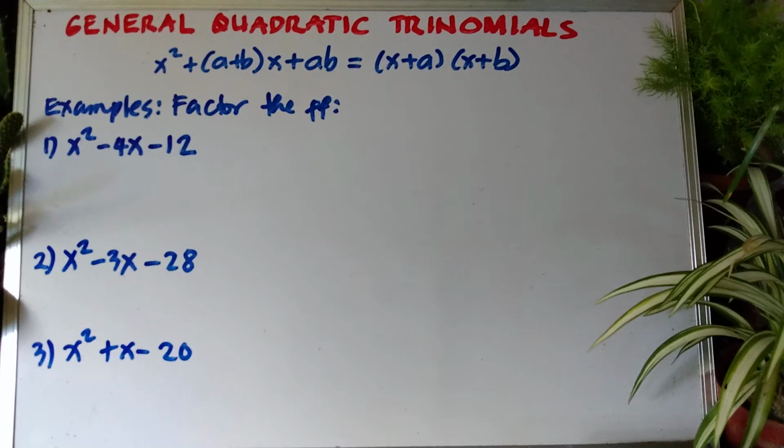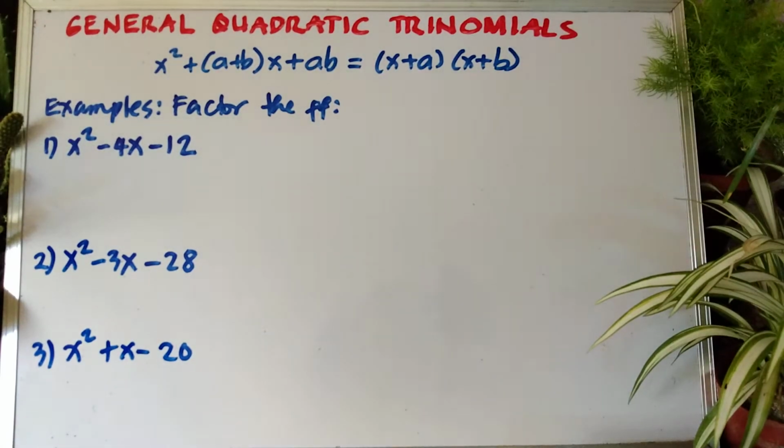Today, we will continue the discussion about factoring polynomials. So we are now on the general quadratic trinomial. In my own opinion, this is the trial and error method in factoring.